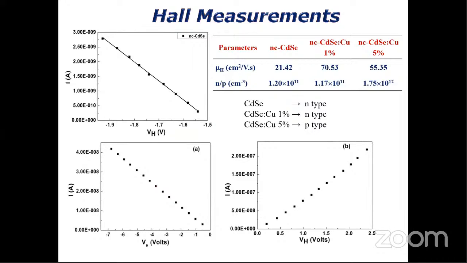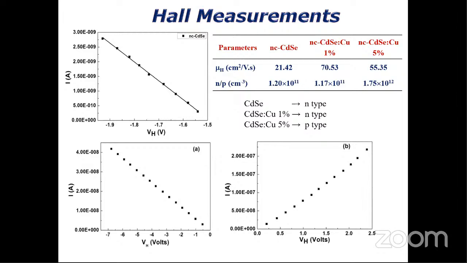Then the Hall measurements. Okay, and all of us know that through the Hall measurements, we can find out what type of charge carriers are present, because whenever we are going to fabricate an electronic device, in that case, we need that type of charge carrier.